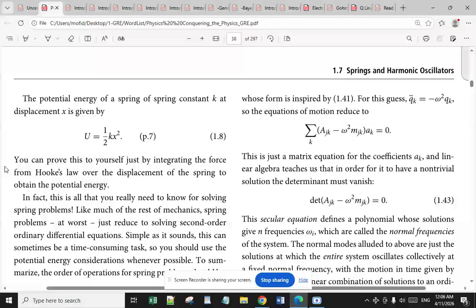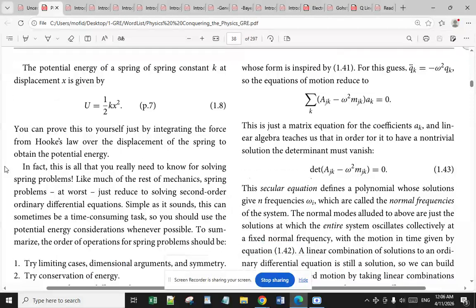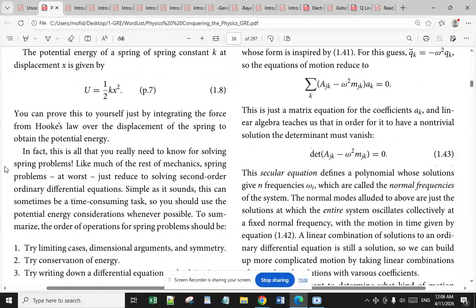The determinant of the matrix R_jk minus omega squared M_jk is equal to 0. This scalar equation defines a polynomial whose solutions give n frequencies omega_i, which are called normal frequencies of the system.